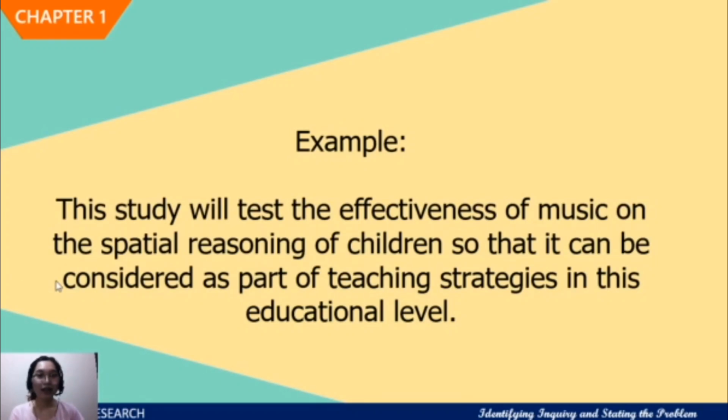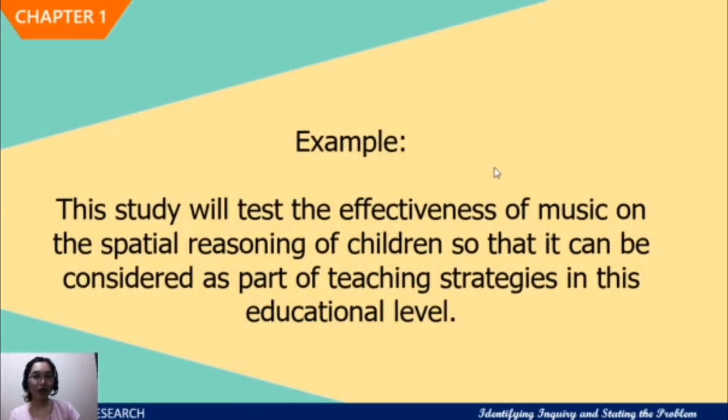Nakikita nyo dito, di ba? Those are phrases na usually ginagamit sa statement of the problem. So this one, this study will test the effectiveness of music on the spatial reasoning of children. So, the variables that are included in your study, first is music, and then second is spatial reasoning.